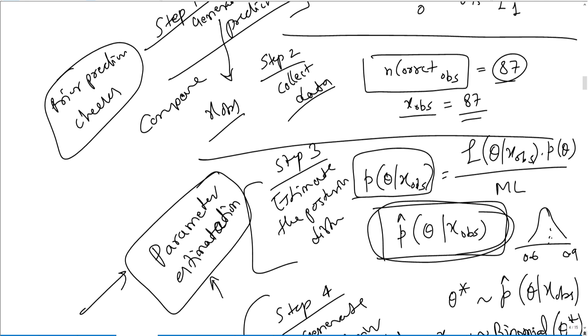It tells you that the likely value of theta, likely value of producing a correct response, is between 0.6 and 0.9, given the data and the prior assumptions, right. And you can calculate a so called 95% credible interval, okay, which will tell you that you can say with 95% certainty that the true value of this parameter theta lies between 0.6 and 0.9.